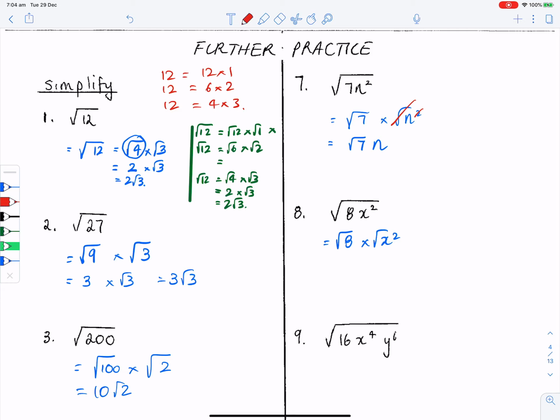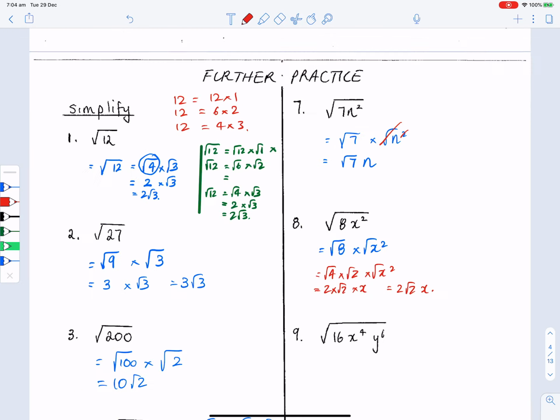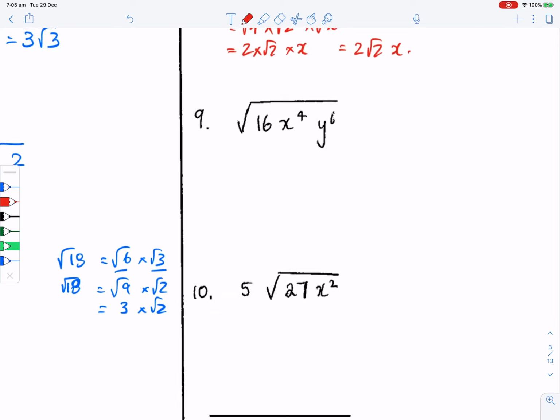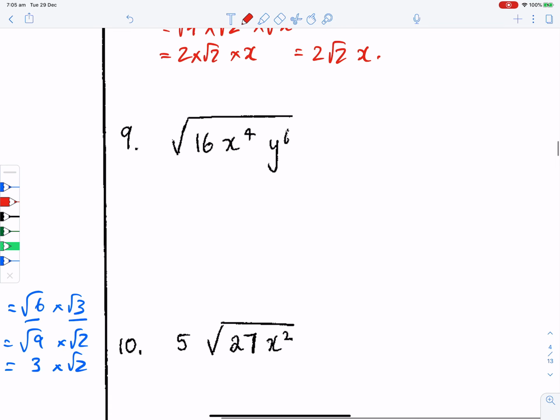So let's focus on that root 8. Okay, so the root 8 becomes root 4 times root 2, which becomes 2 root 2.